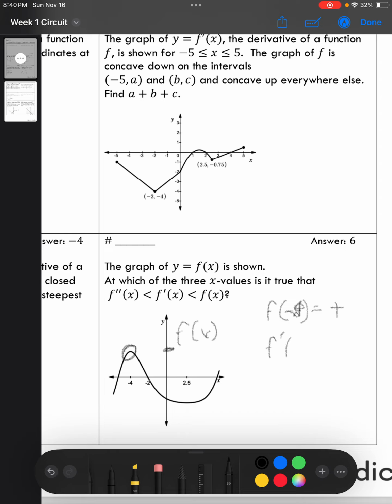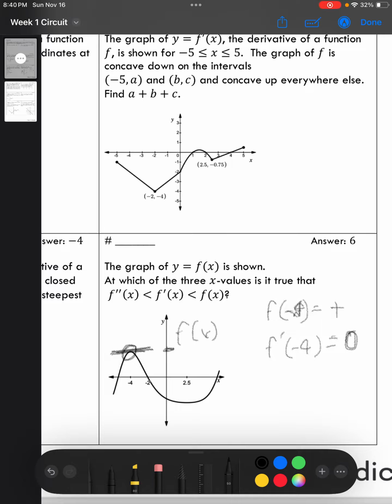Now f prime of -4, well, the slope is probably like this. This is probably the tangent line. So it's safe to assume that the slope at -4 is 0.